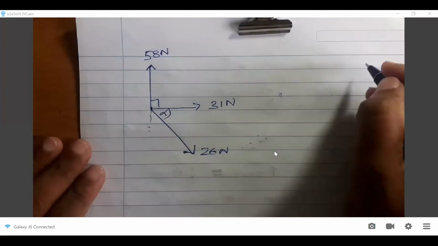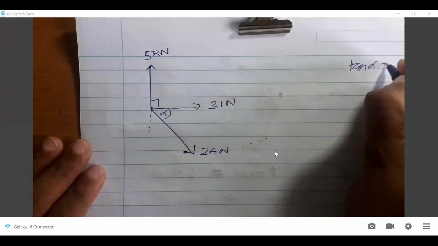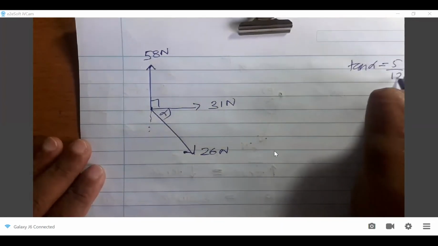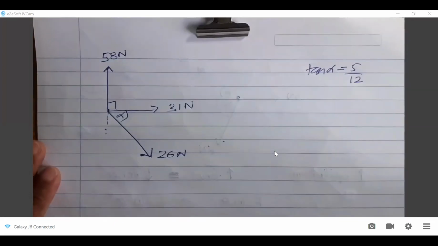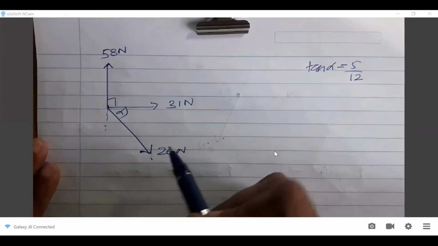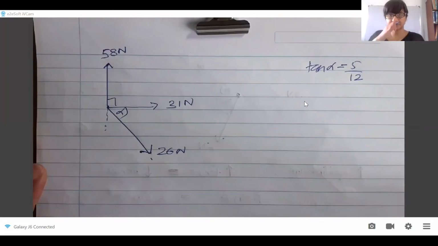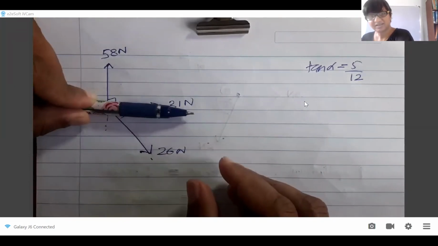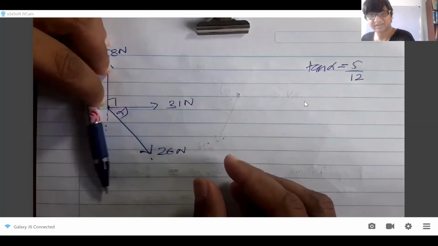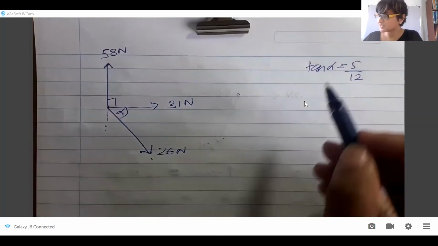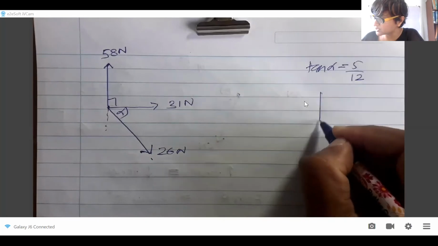They have given tan alpha equals 5 over 12. Now they have given you tan alpha, but when you resolve this, you are going to be needing cos alpha and sine alpha. So let's first find those two here.